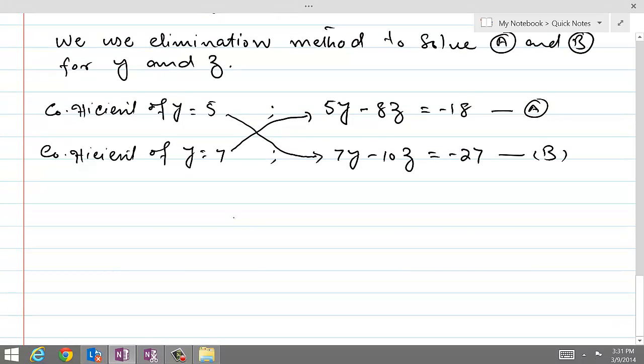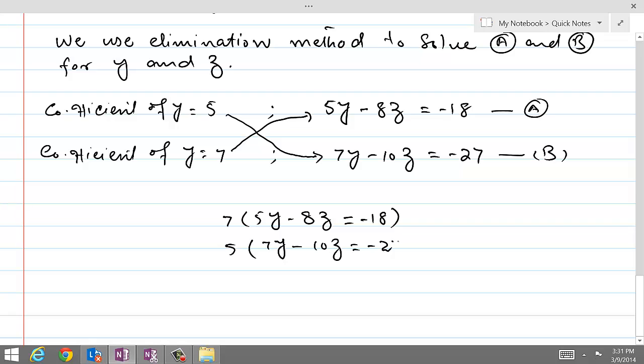So 7 times 5y minus 8z equal to minus 18, and 5 times 7y minus 10z equal to minus 27.